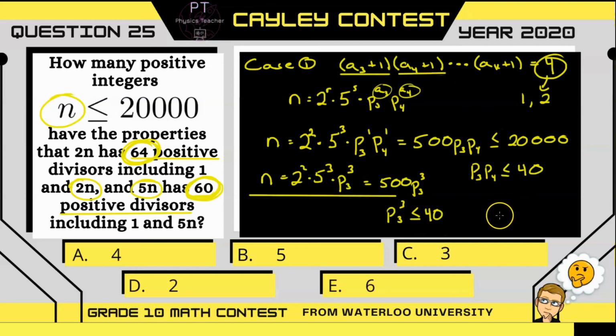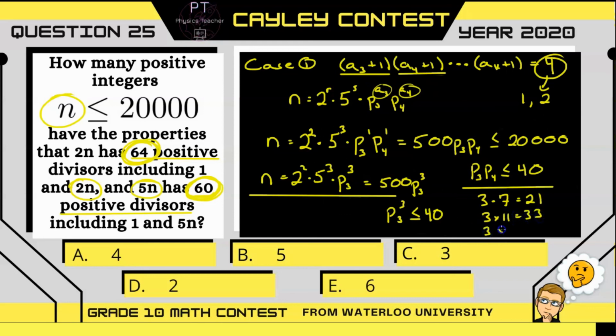So how many possible cases are there? If we look at this one here, and we were to take two prime numbers that are not 2 and 5, and find their product to be less than 40, how many possibilities are there? Well, we could take 3 and 7, and the order doesn't really matter. 3 and 7 will give us 21. That's less than 40. 3 and 11, that'll give us 33.